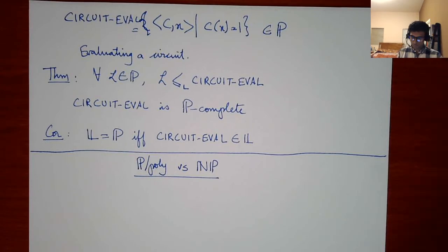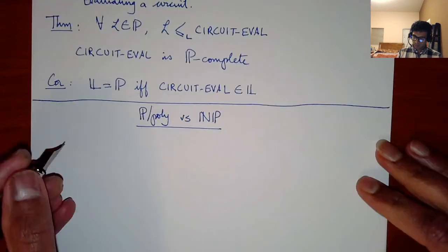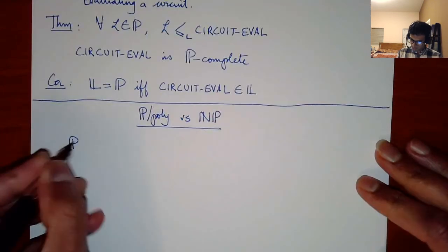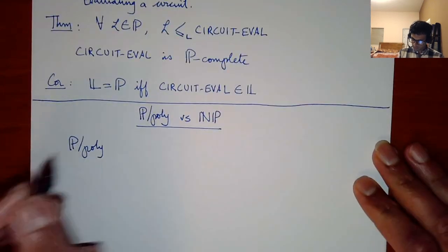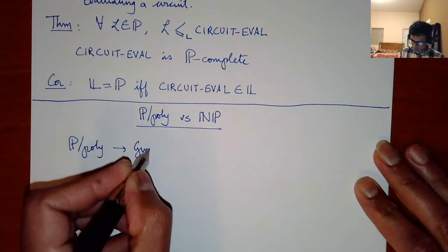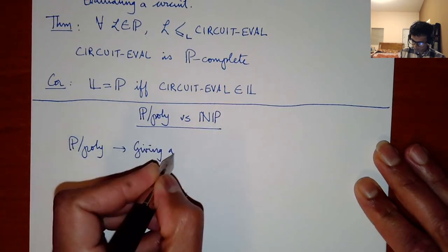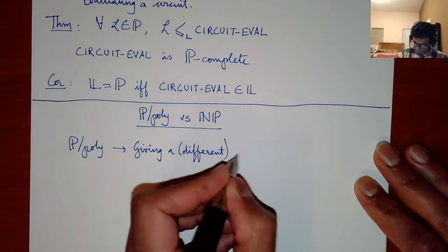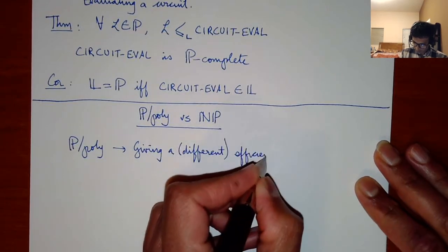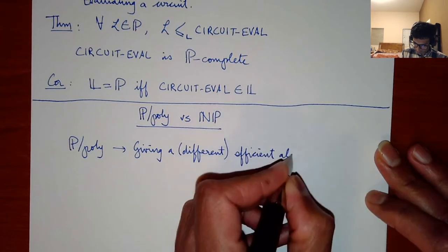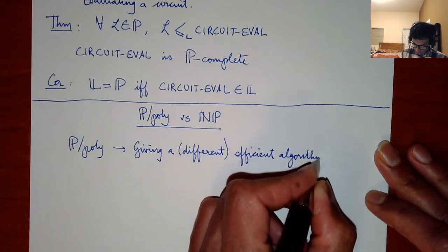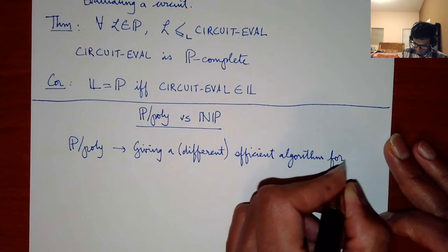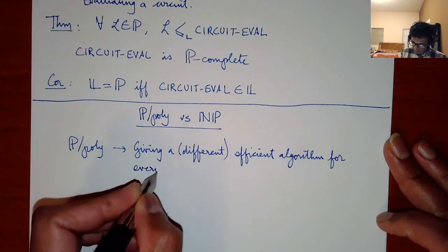Another way to think of P/poly is like giving a different efficient algorithm for every size n.